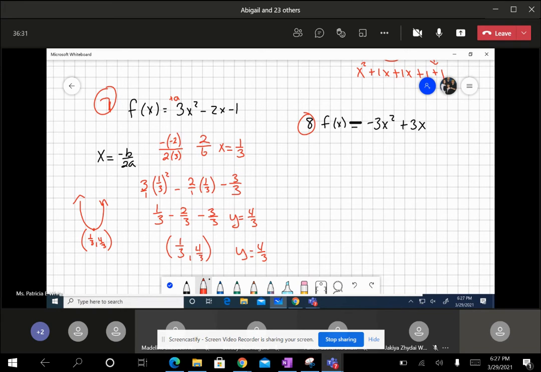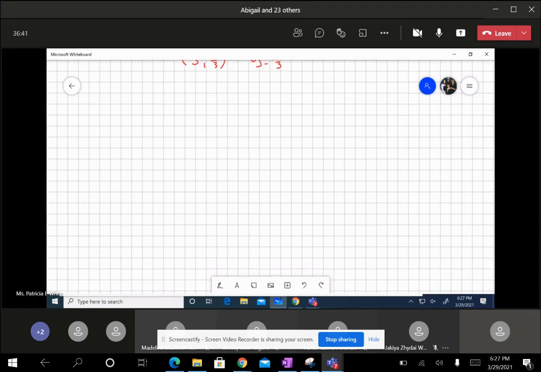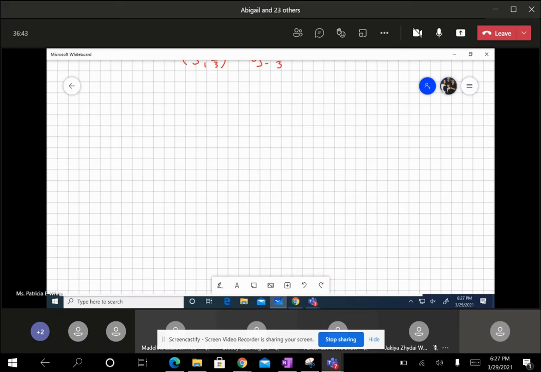9 and 10, how are we on the inequalities? Questions on those? When it comes to the inequalities, you have to factor.